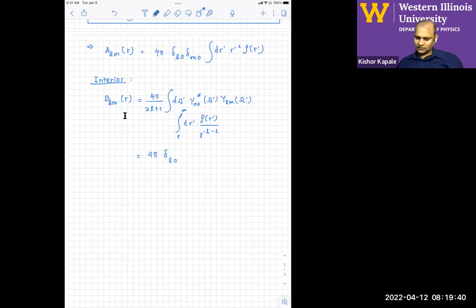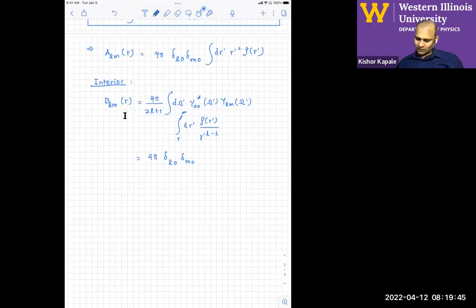And then delta L0, delta M0, and then you have the integral from r to infinity dr prime. And I think there needs to be an r prime squared here. There's a typo in the book, I think, because for a volume integral you need r prime squared, and then r to the L minus 1 in the denominator. That's the standard DLM configuration. And so when you put L equal to 0, you have r to the minus 1, or maybe it's already included in there.